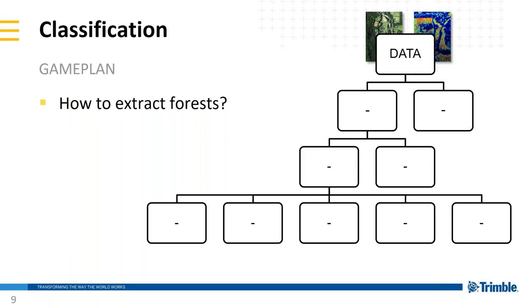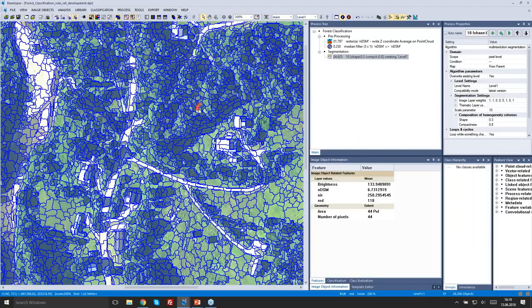So as a first step, we're going to use the NDSM, so the elevation. And we're going to discriminate elevated and non-elevated image objects. And then in the next step, we're going to have a look at the elevated classification and start to think about how to discriminate the elevated into forests and non-forests, okay? So let's go for the NDSM.